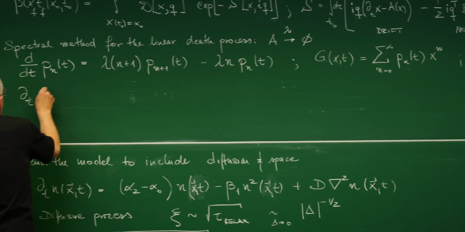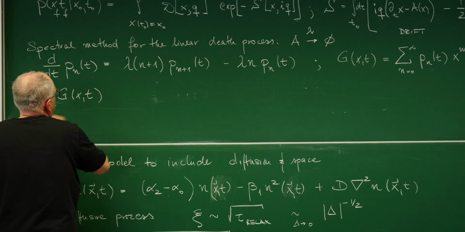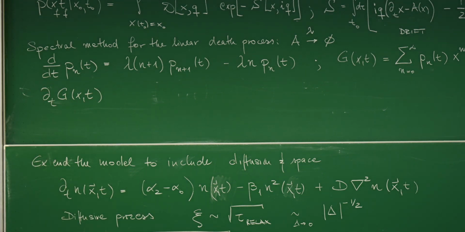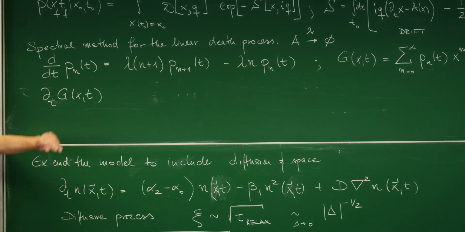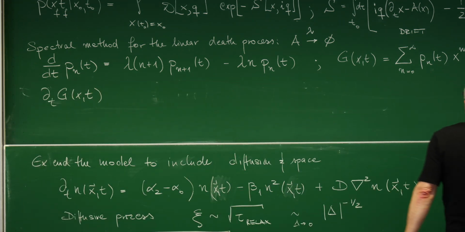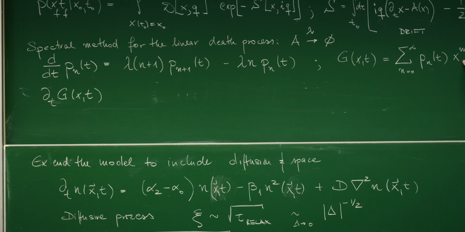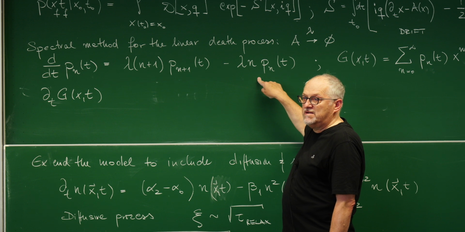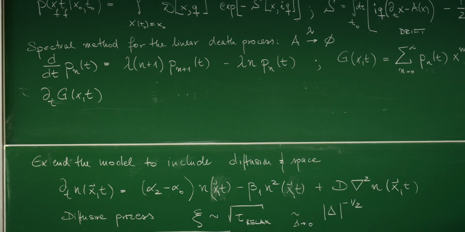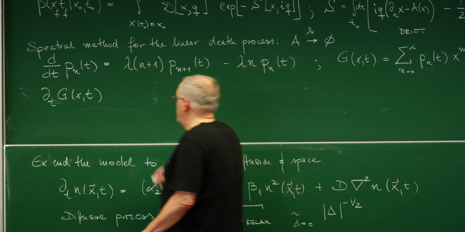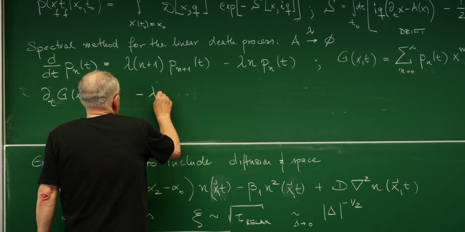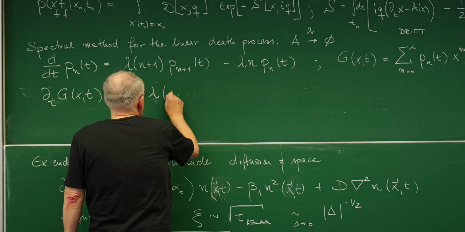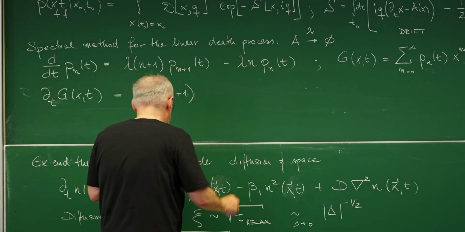If you write down the master equation for that, and that's a straightforward thing, you just take the time derivative of g, you use the expression for g that you have here on the right-hand side, you pull through the time derivative to act on p of n and t, you insert the equation of motion that you have here, and then you shift indices, and you get an equivalent form for the equation that defines the time evolution of the generating function.